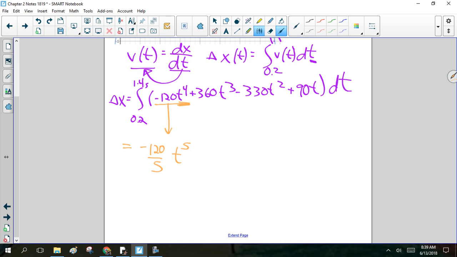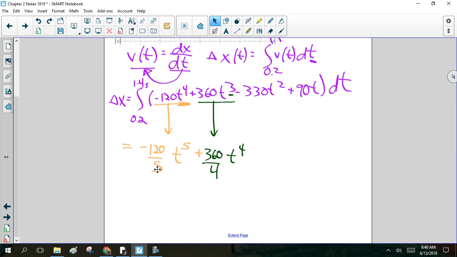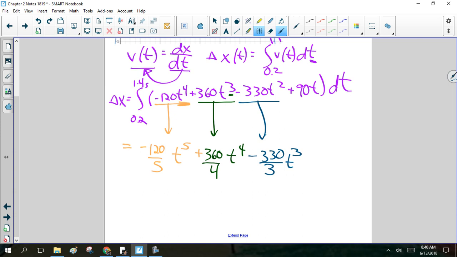Okay? Plus, when I take the derivative of this guy, let's see. Before I took my exponent or derivative, this must have been a 4, so it must be t to the 4th. And then it must have canceled, so 360 over 4. Okay? Minus 330 over 3 t cubed, right?